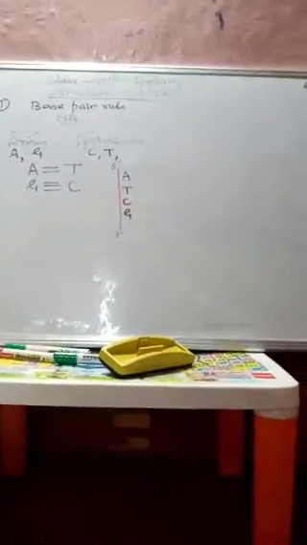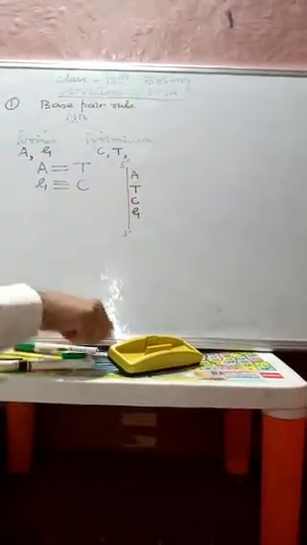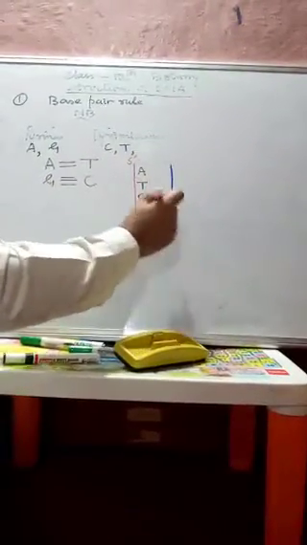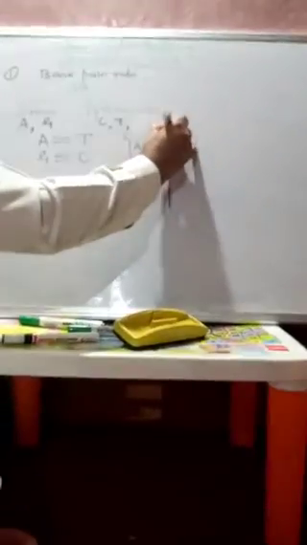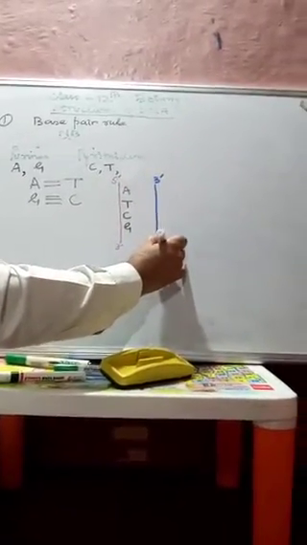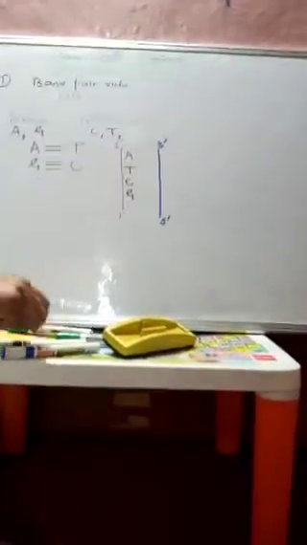Now we have this another strand, the second strand, but we know these two strands are anti-parallel to each other. Here this becomes the 3' end, it becomes the 5' end, like this. Now what will be the base pair here?